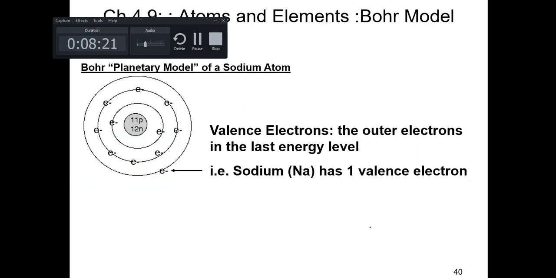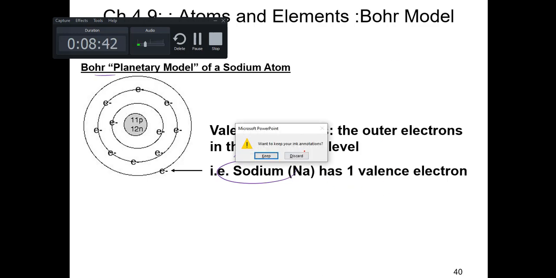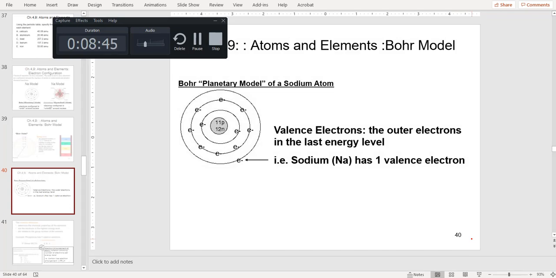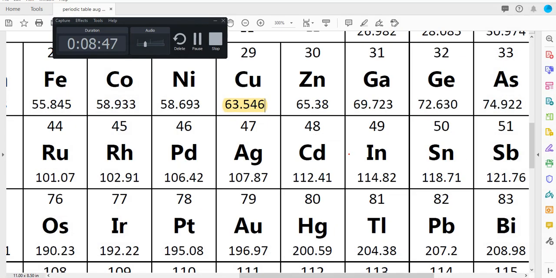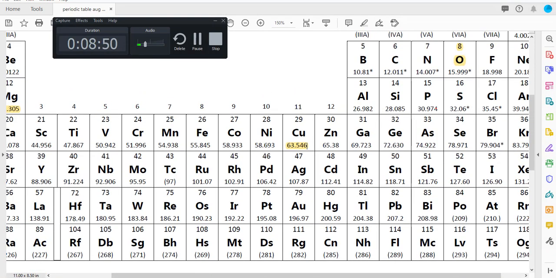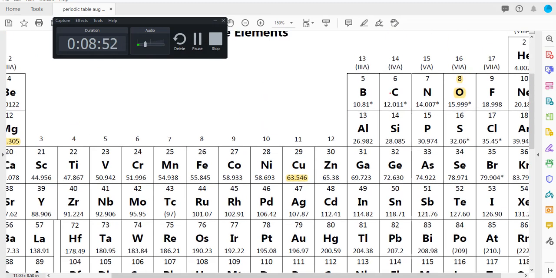You're going to be expected to sketch a Bohr model given a specific element. So this is pretty easy to do. Let's go ahead and take a look at the pattern. First thing we need to do is to have a periodic table. You don't have to memorize the atomic numbers, but let's just go ahead and pick one. So for example, we'll pick carbon. Carbon has an atomic number of 6.